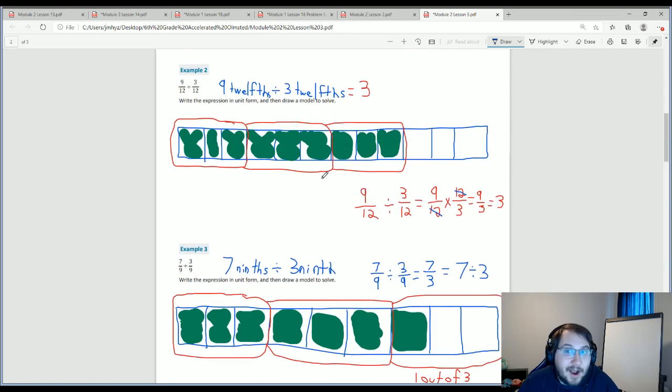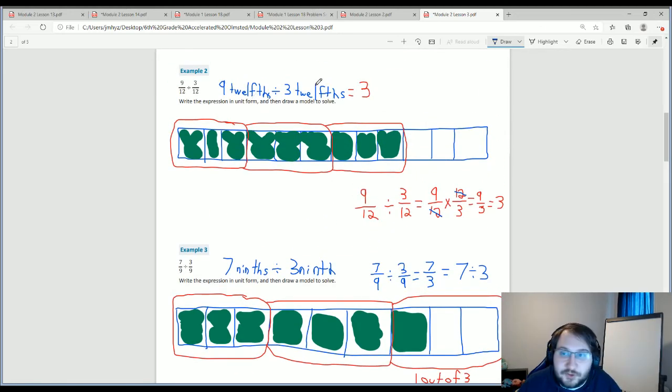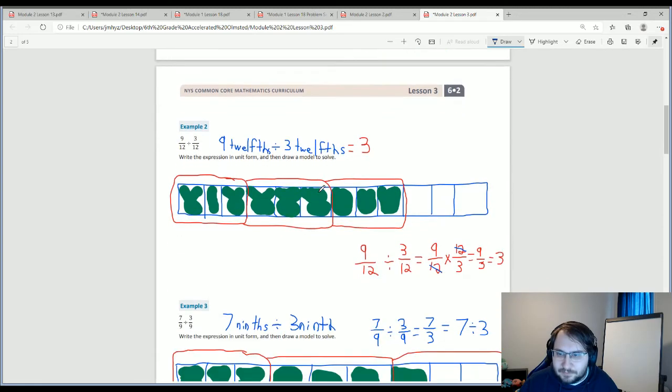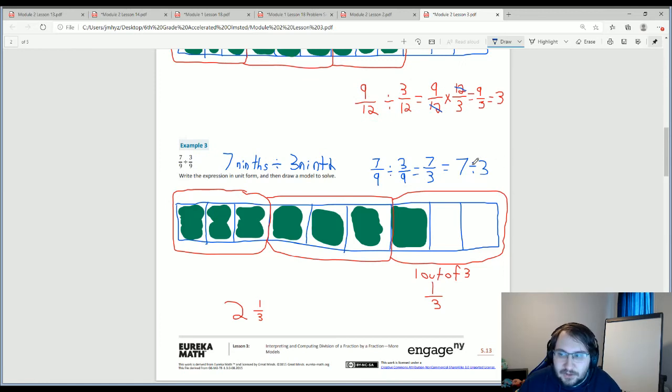Just like how, for example, you saw 9/12 divided by 3/12, that's just 9 divided by 3. And 8/9 divided by 2/9, that's just 8 divided by 2. So we need to look at 7/3. Well, 7/3, I take away 3.